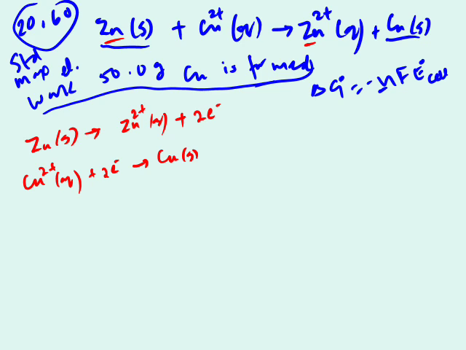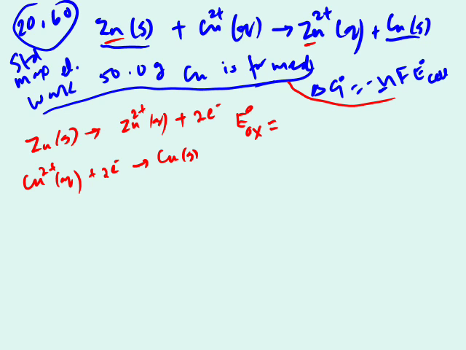Now from the back of the book, Appendix E, page 1064, that's the Brown and LeMay 12th edition book, you get these half cell values. The first one is an oxidation reaction, but the book gives you the reduction value. In order to get the oxidation value, you just change the sign.